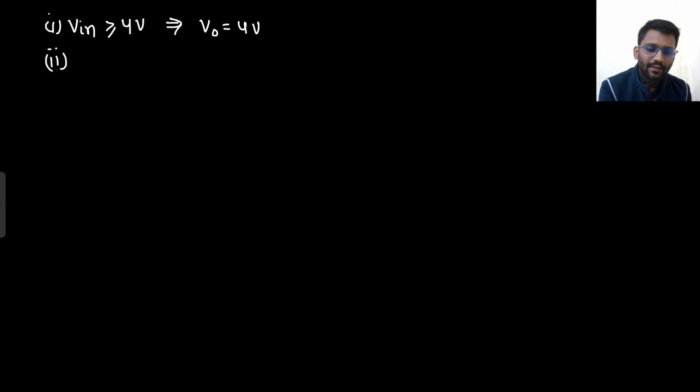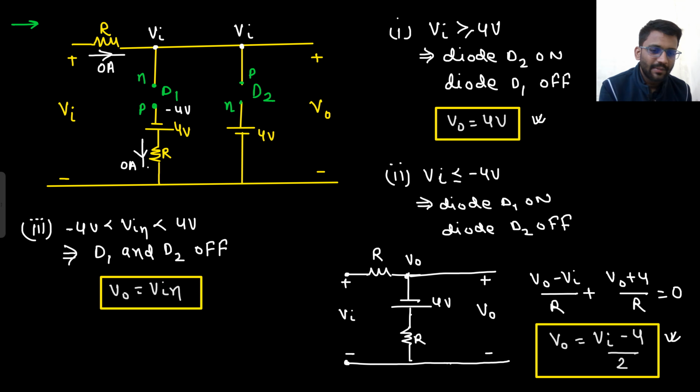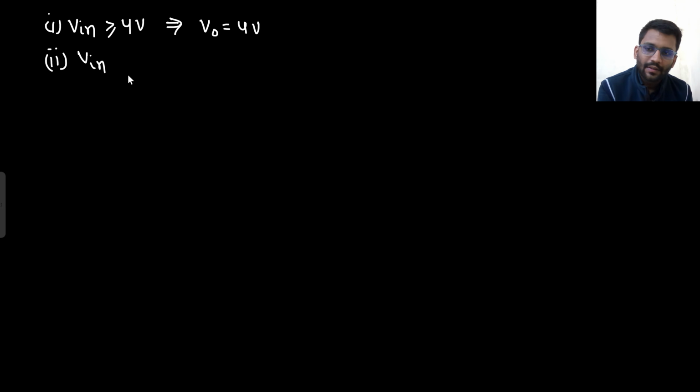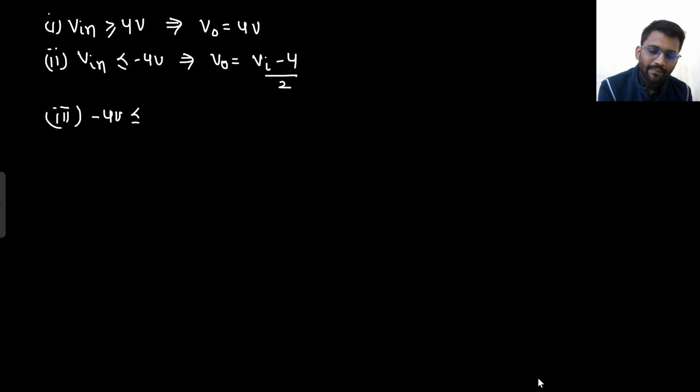Secondly, when V in is less than minus 4 volt, V out is V in minus 4 by 2. And third, when V in is in between both of them, at that time V out will be equal to V in only.